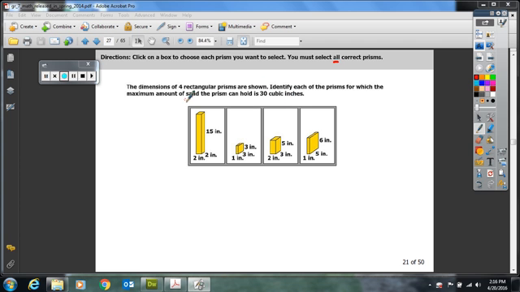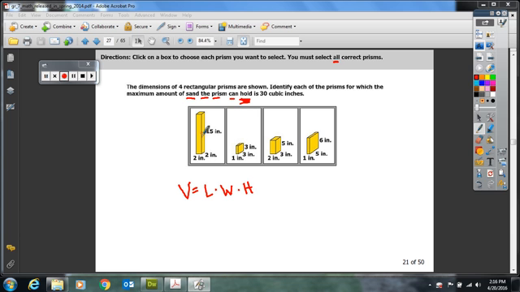So if we're talking about how much sand the prism can hold, we're talking about how much space is inside the prism. And if we're talking about how much space is inside the prism, we are talking about volume. So your volume formula, and it will be provided for you on the test, is going to be the length times the width times the height of the rectangular prism.